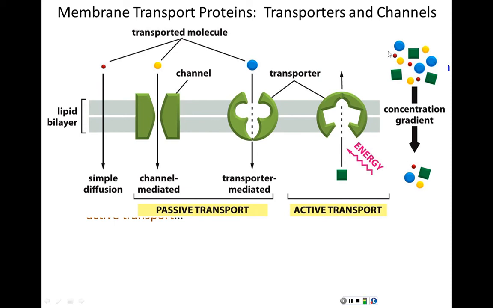There's a higher concentration on the top than on the bottom, and these molecules want to flow from the top where they're crowded to the bottom where they're not. Simple diffusion, or just diffusion, is typically how we refer to it, has this little red dot moving from area of high concentration to area of low, and it's going right through the cell membrane to do that. So you can think of this as oxygen or carbon dioxide can do that.